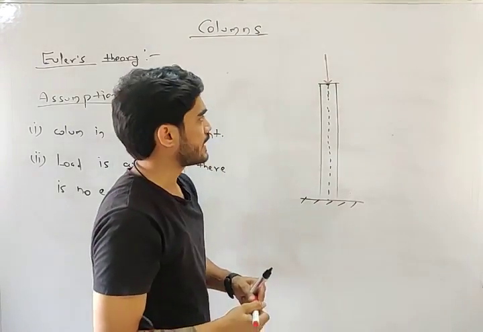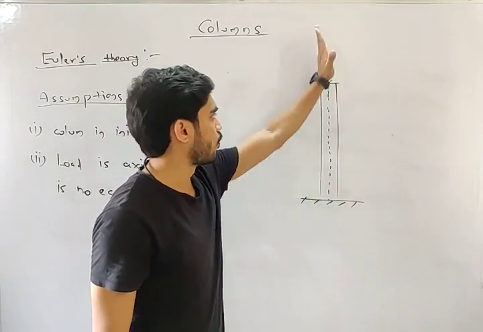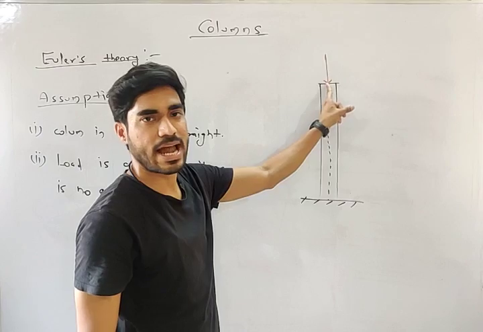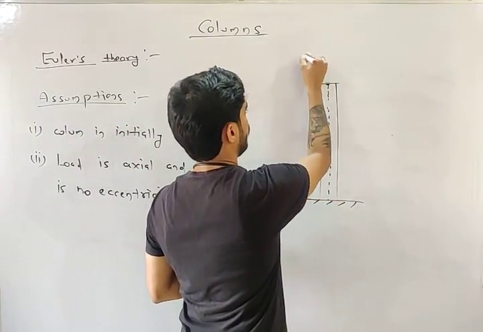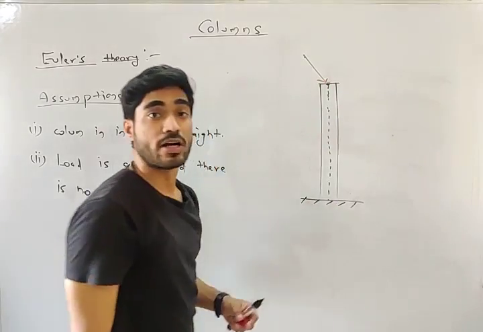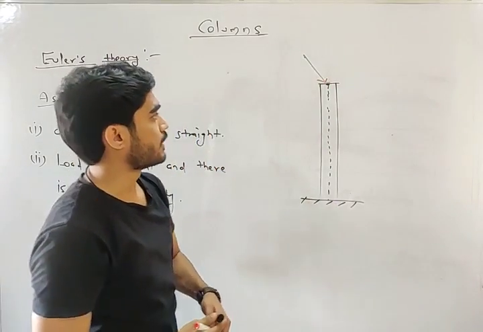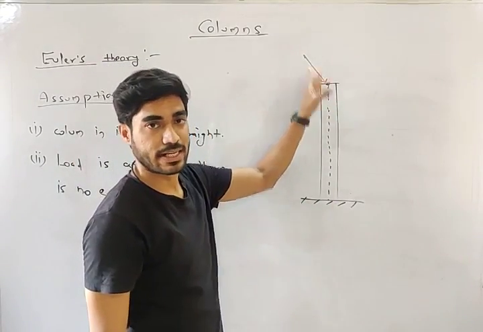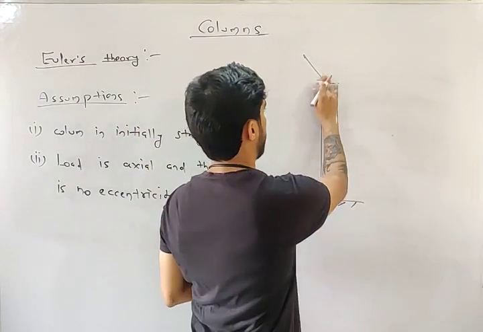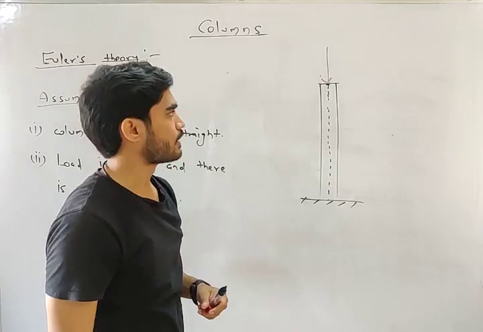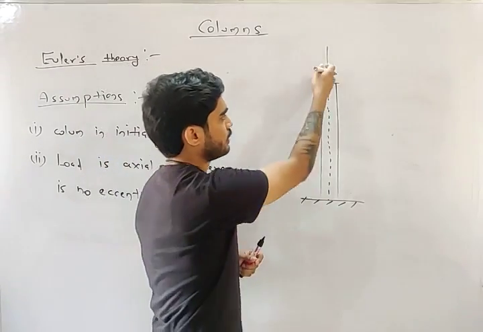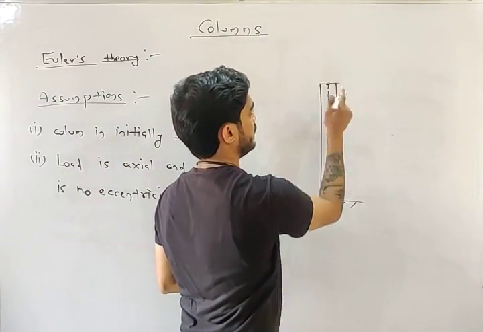The load is axial and it is acting at the centroid. The load is not like this. It is axial, so it is acting like this. This is axial load, and it is passing through the centroid, which means there is no eccentricity.